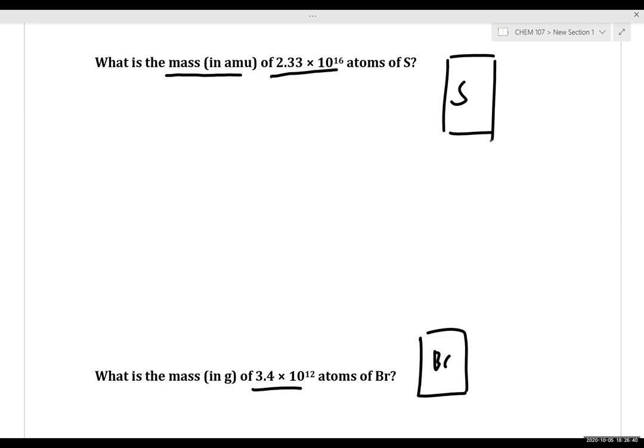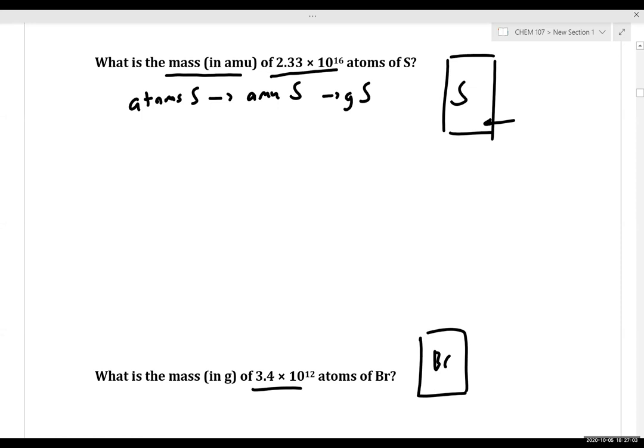Okay, so let's take a look at this example. So we're asked to calculate the mass in AMUs of 2.33 times 10 to the 16th atoms of sulfur. So we're trying to go from atoms of sulfur to grams of sulfur, and our stepping stone is going to be AMUs of sulfur.